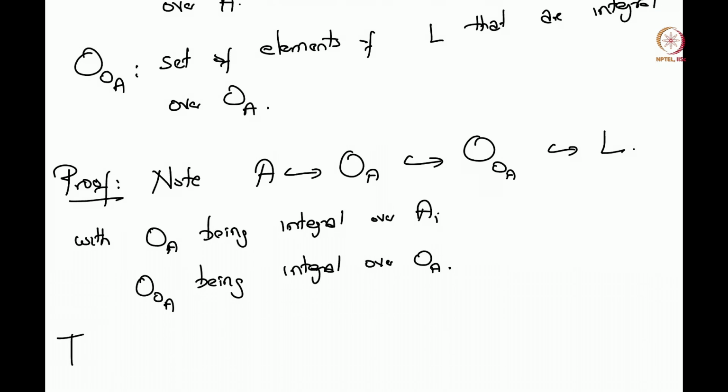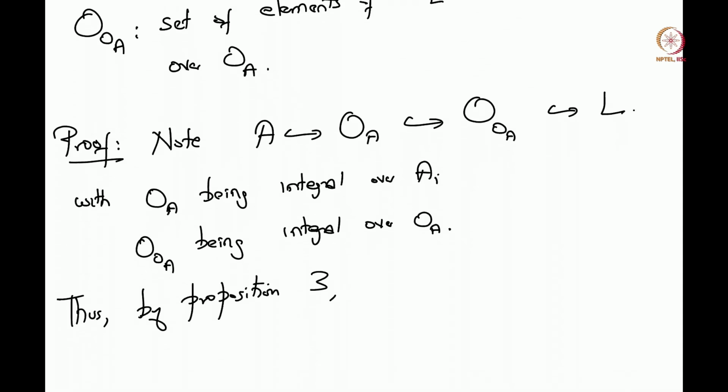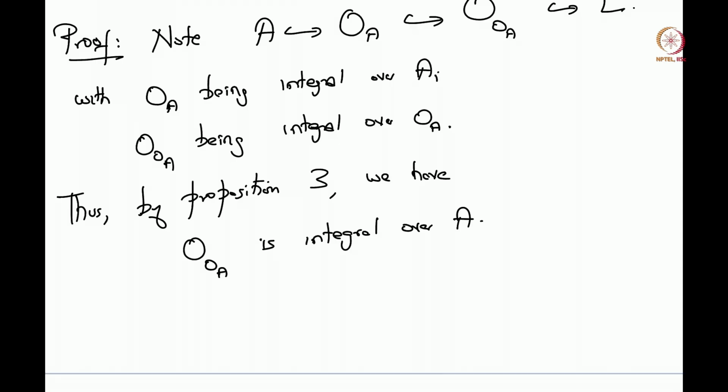And so by the previous proposition, so thus by proposition 3, using this transitive property of being integral, what we have is that O_{O_A} is integral over A. Okay, so that means every element of O_{O_A} is integral over A. But if you're integral over A, you must belong to O_A.